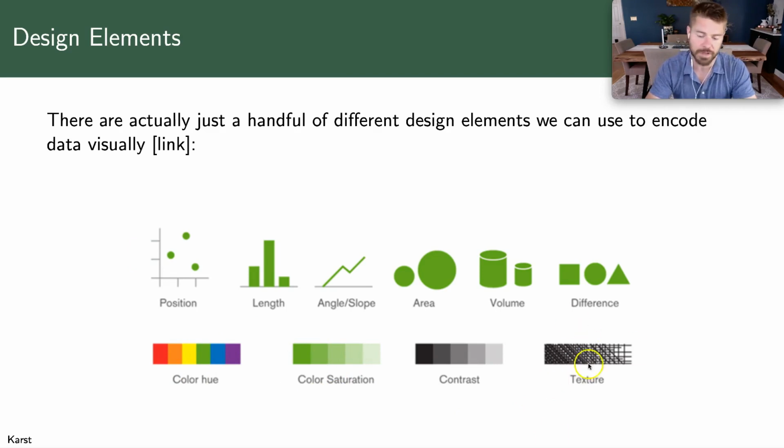We're not going to use texture. Texture is not a feature of Tableau, and even contrast really isn't a feature of Tableau, nor is volume. So most of these are not too big of an issue. We only have so many things to play with, which is to me endlessly fascinating. Because it's amazing to read a novel and think that every novel you've ever read is only the combination of so many individual words.